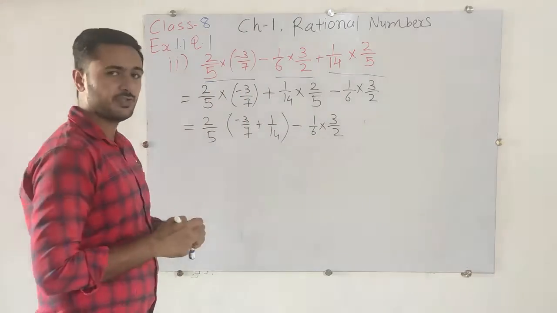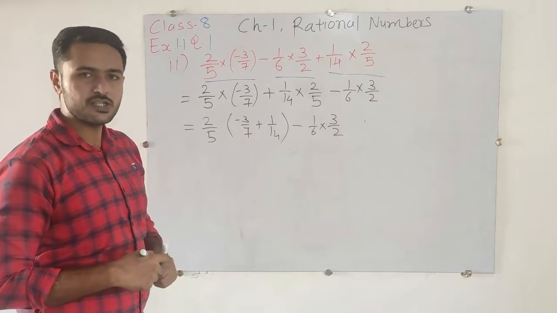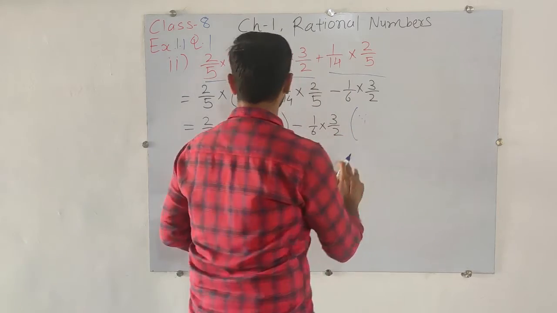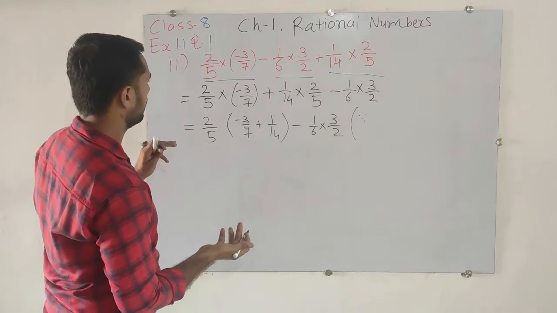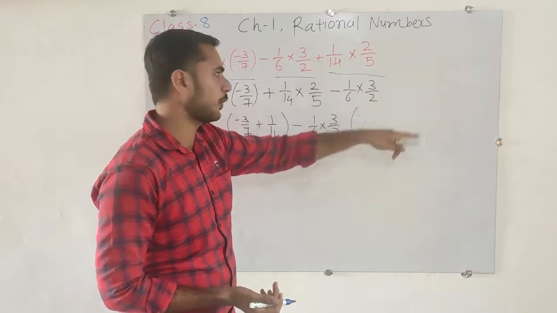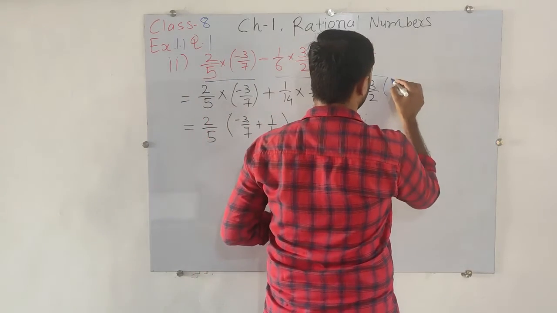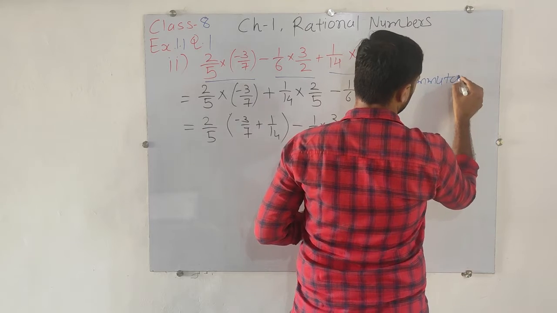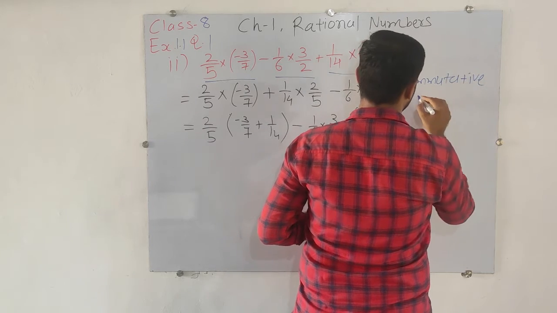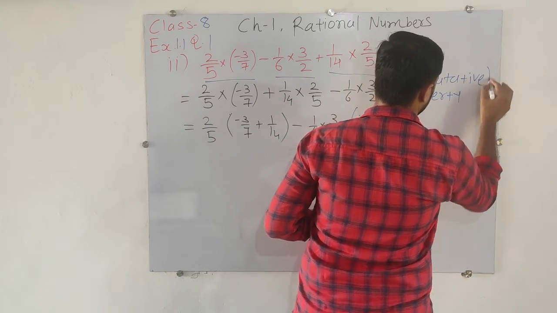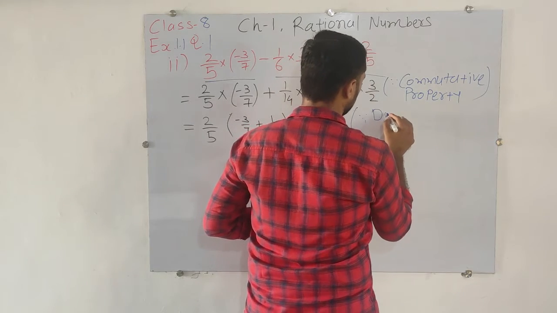And which property did we use here? Here we use the commutative property, and here we used the distributive property. So we need to write both the reasons here.